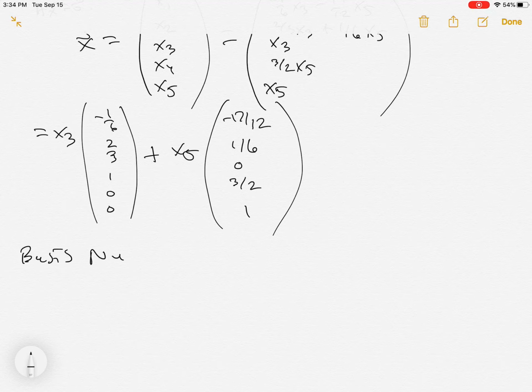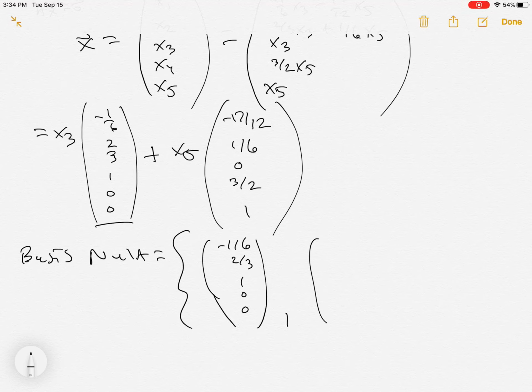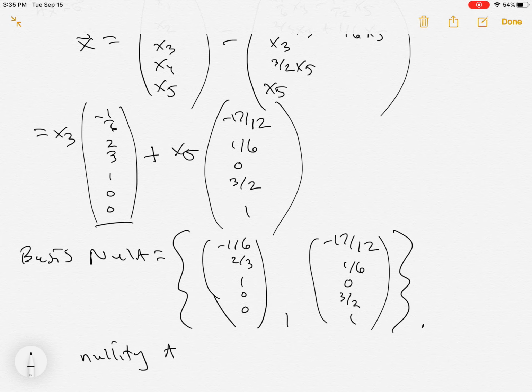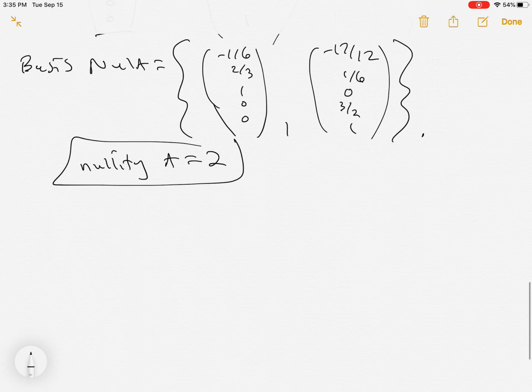So the basis for the null space of A is just going to be this vector, or any multiple of it, and this vector. And so the nullity of A is 2, because there's only 2 vectors in this basis.